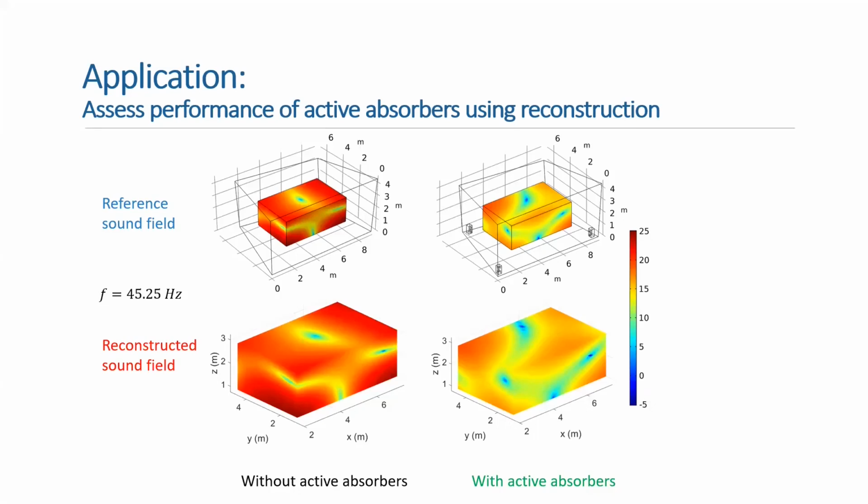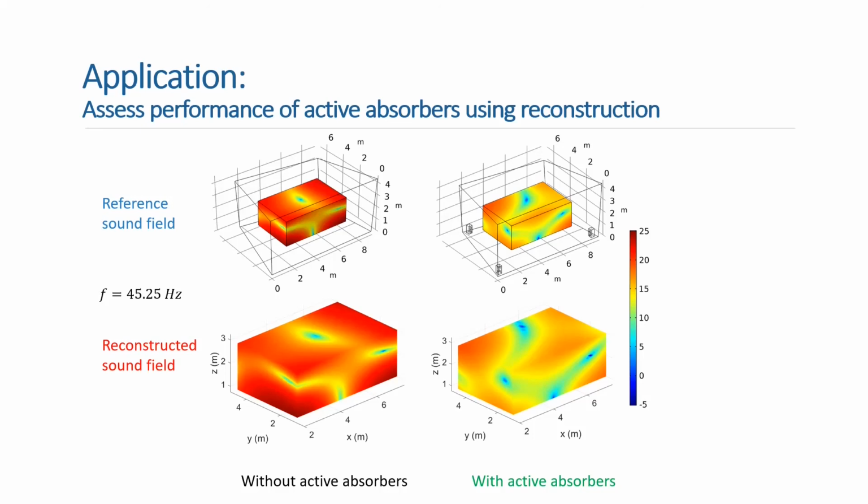In this slide, we compare the sound field of the room with and without the presence of the absorbers using our reconstruction framework, and we compare it as well to its reference FEM model. And once again, as you can observe, the reconstruction is highly accurate, and what's more important is that it correctly depicts the equalizing effect spatially by the absorbers.